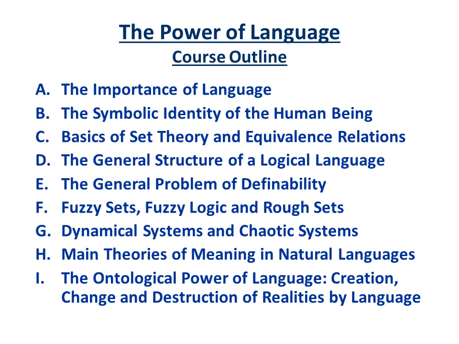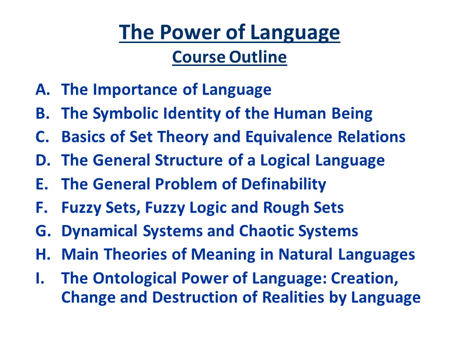Here is an outline of the contents of our course. The course is divided into 9 units as follows. A. The importance of language. B. The symbolic identity of the human being. C. Basics of set theory and equivalence relations. D. The general structure of a logical language.